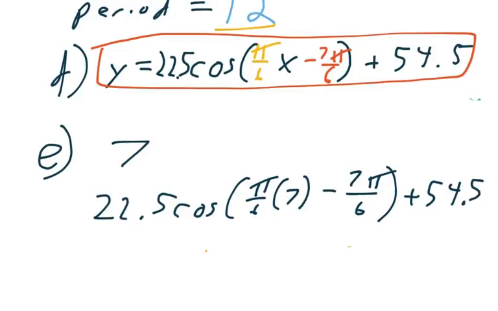And so the question is, what happens when we plug this into our calculator? And we get the answer of 77, which is exactly the temperature that we had on the chart.